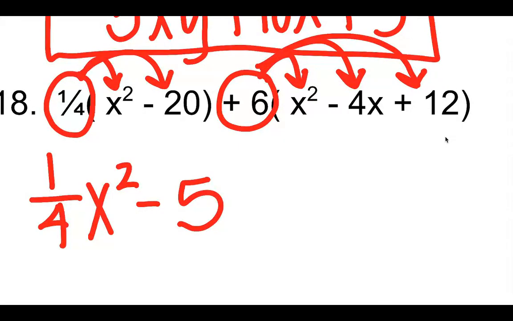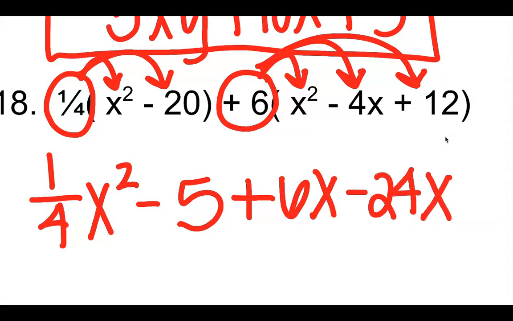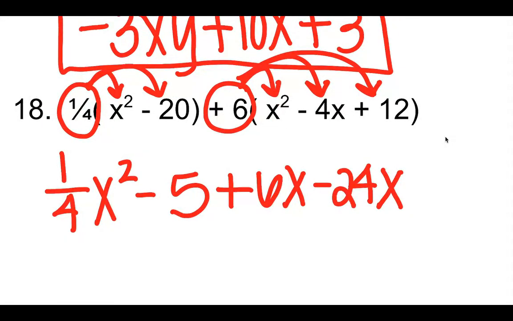So I've got 6 times x squared is going to be 6x squared. 6 times negative 4x is going to be negative 24x. And then 6 times 12 is going to give us 72.